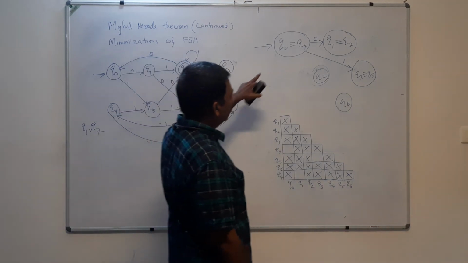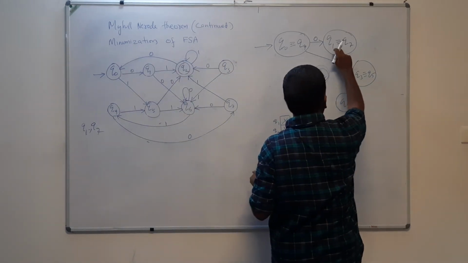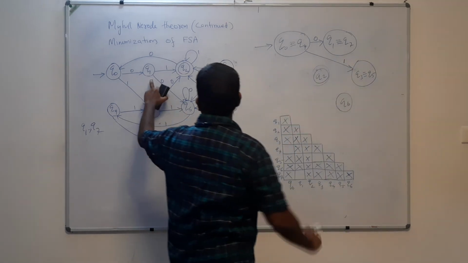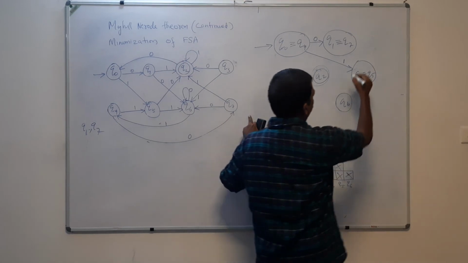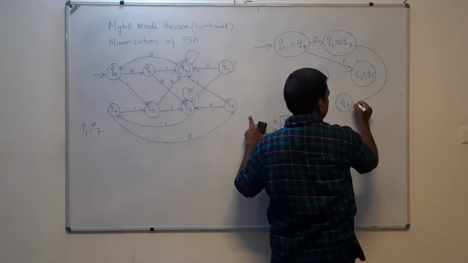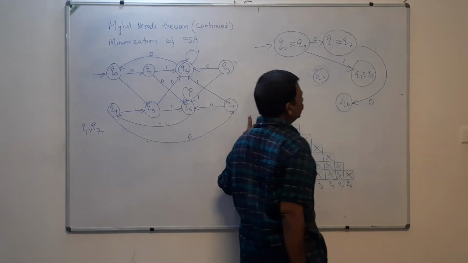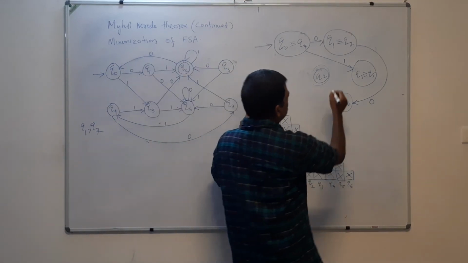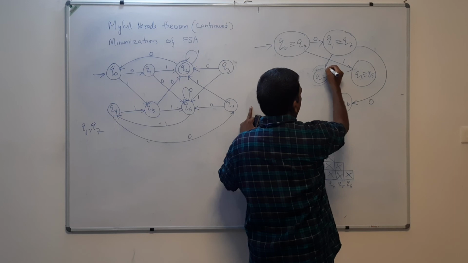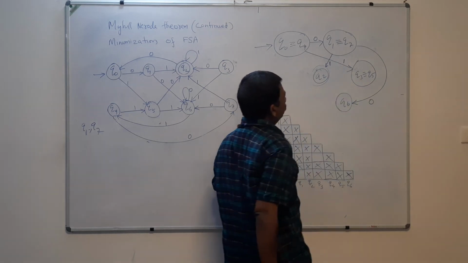Now, what is Q1 on 0? Q1 on 0 is Q6, and Q1 on 1 it is Q2.